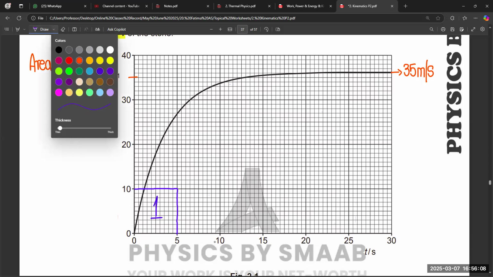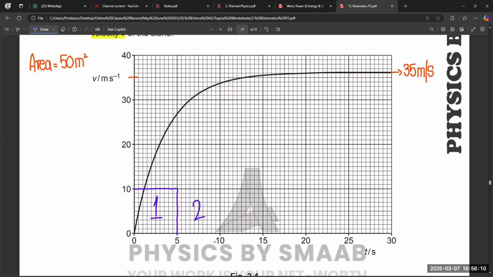So now counting is easy. We have 1, 2, 3, 4, 5, 6, 7, 8, 9, 10, 11. Approximately this is a full box. 13, 14, 15, 16. So now counting is less, right, as compared to the first. So we have 16 full boxes.